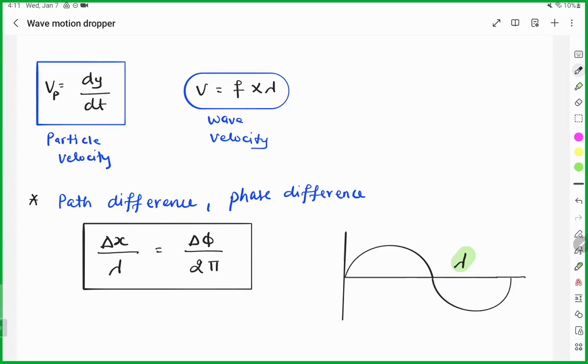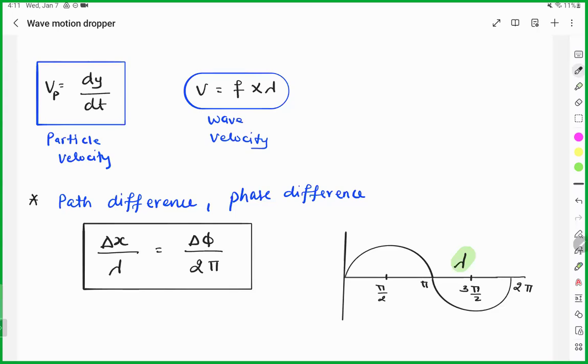Anvita, what will be the phase difference in this case? Angle, maximum angle in one wave. This is pi by 2. This is pi. This is 3 pi by 2 and then 2 pi.